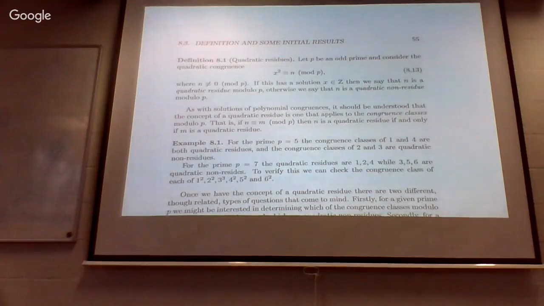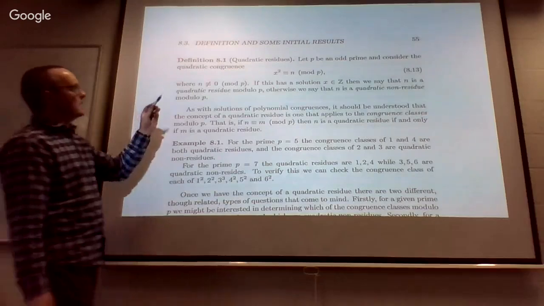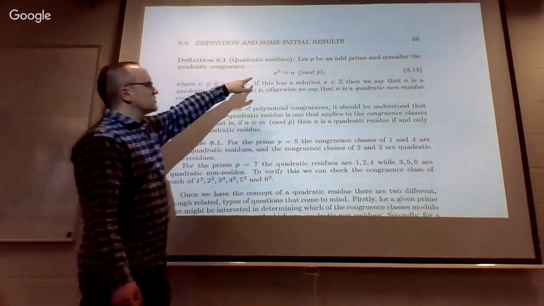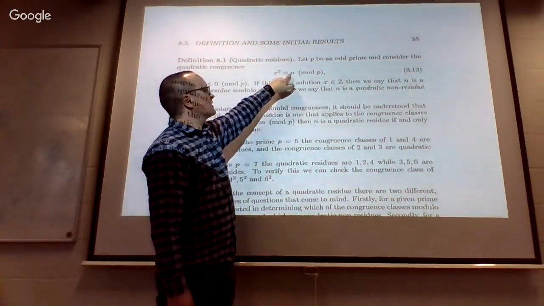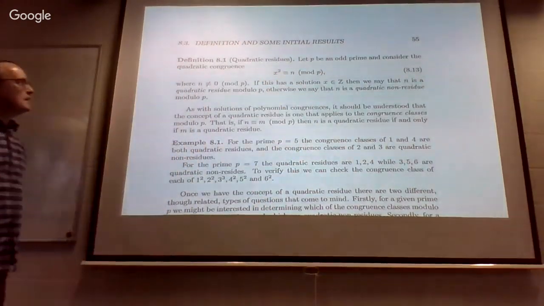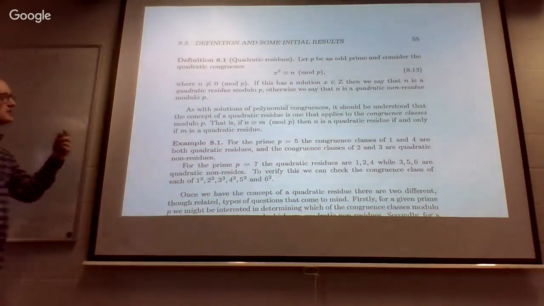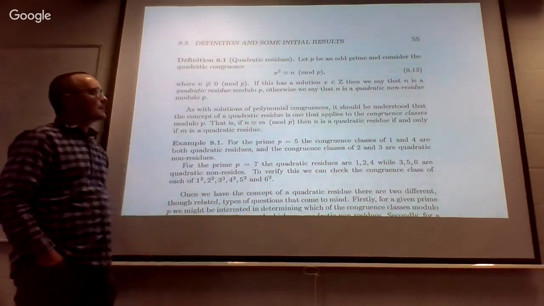We're in a different domain. We're in modular arithmetic as opposed to normal arithmetic. So it's maybe good to have a slightly different term. So this is the definition here. We always have p as an odd prime. We're considering this quadratic congruence mod p, x squared congruent to n, where n is a non-zero congruence class.